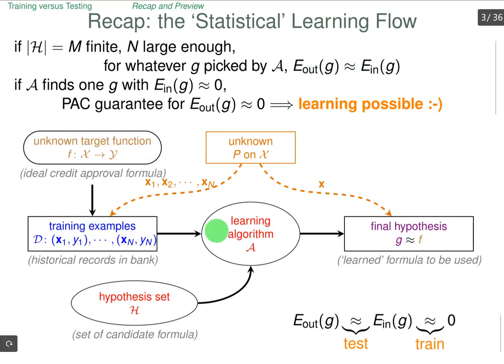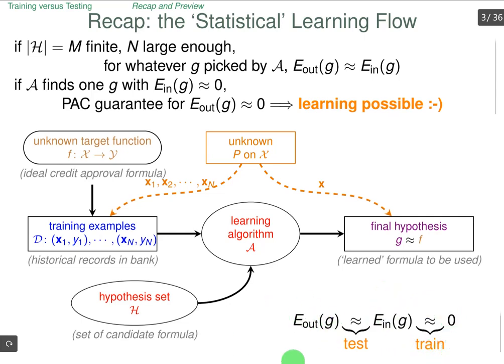So these are the different components again. What does in-sample error approximately 0 mean? We also call this the performance of g on the training dataset, or the train error. How about E out?